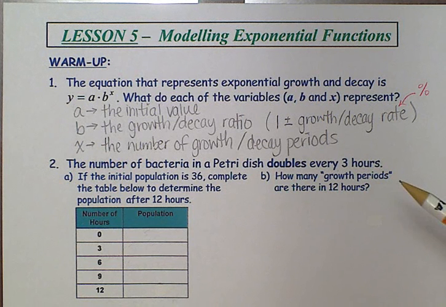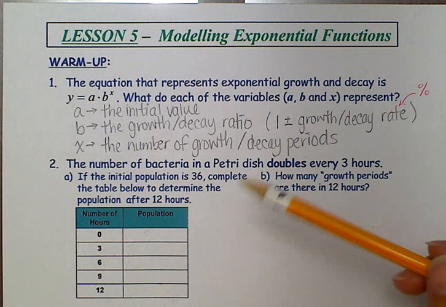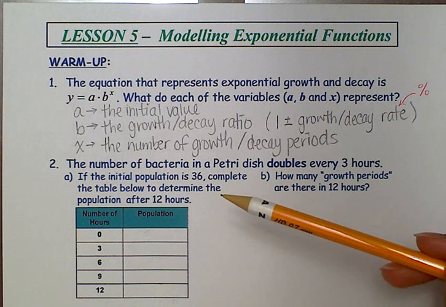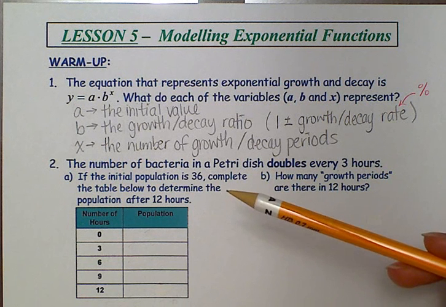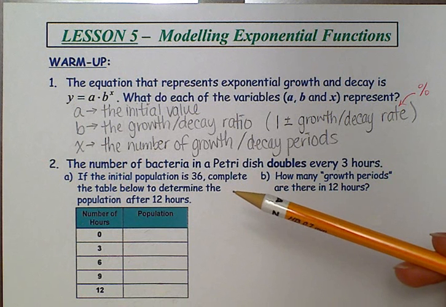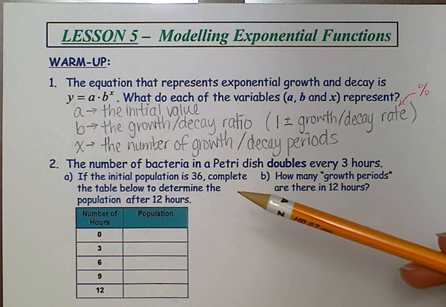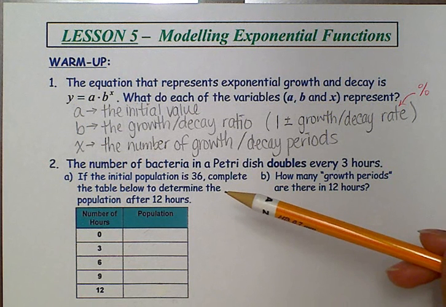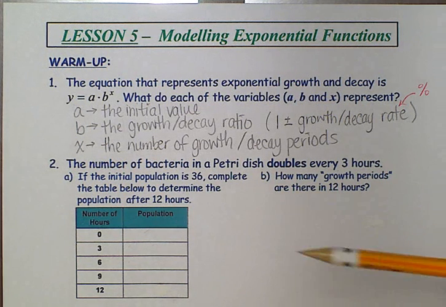Especially if the question asks what the bacteria population would have been after a day or even after 1 week. There's way too many hours for me to do doubling and doubling over and over again. So eventually we're going to look at how to write a formula for this instead of just multiplying by 2 each time.